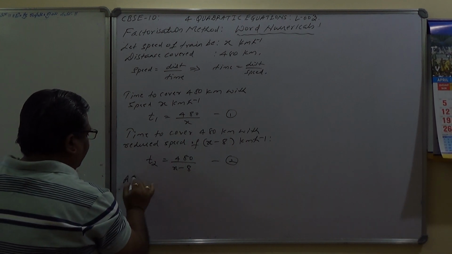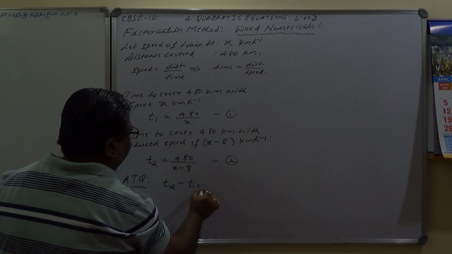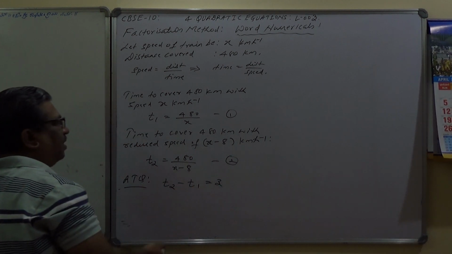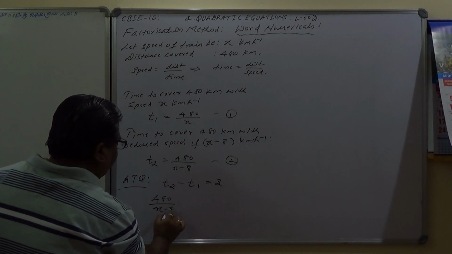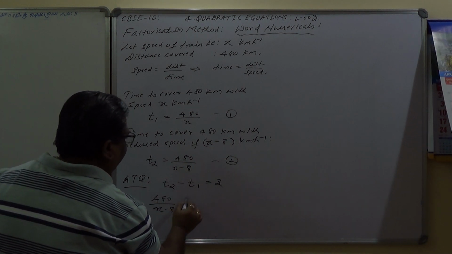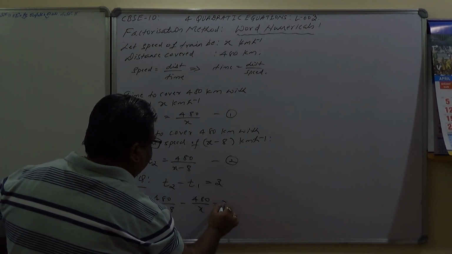According to the question, T2 minus T1 equals 3 hours. So T2 is 480 divided by x minus 8, minus T1, 480 divided by x, equals 3.